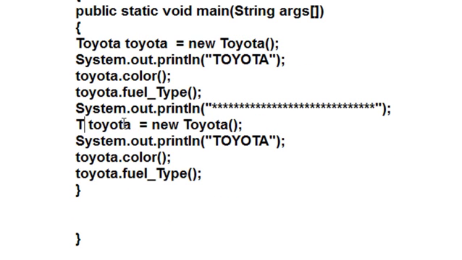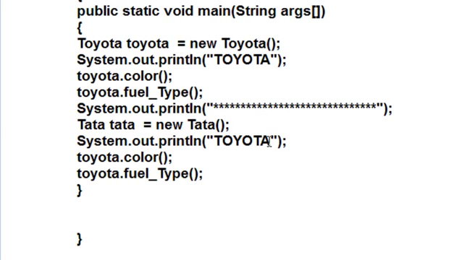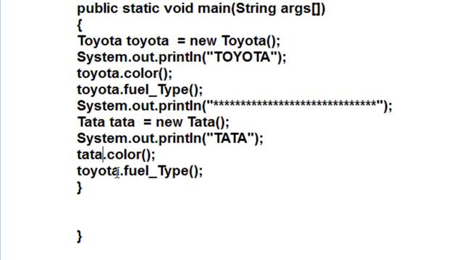So here the class name is data. Okay, it is not Toyota, it is data, and call those two methods using that object.